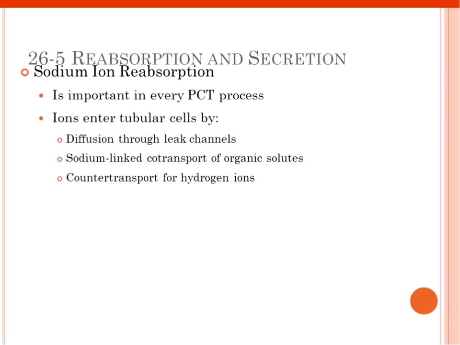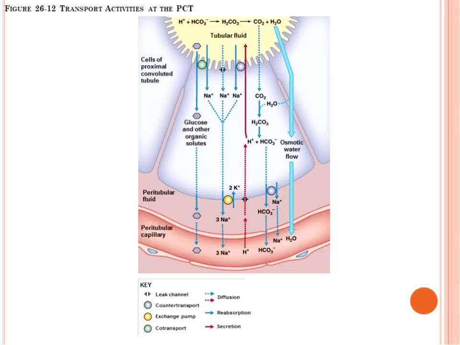So the counter-transport means that we'll take in sodium ions and kick out hydrogen ions. So we're going to reclaim those sodium ions, and then the hydrogen ions are going to become part of the filtrate. So these are just various ways in which we are able to reabsorb sodium ions in the proximal convoluted tubule. And remember, reabsorption means that we're putting it back into circulation.